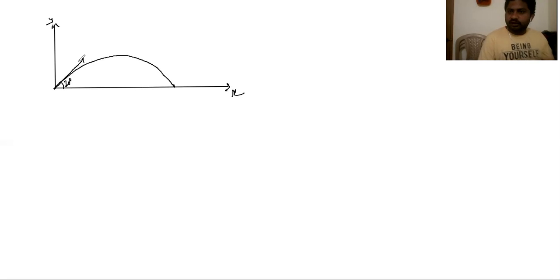When my theta is 30 degrees, the range is, as we just solved, u square into root 3 divided by 2g, because sine 60 is root 3 by 2.